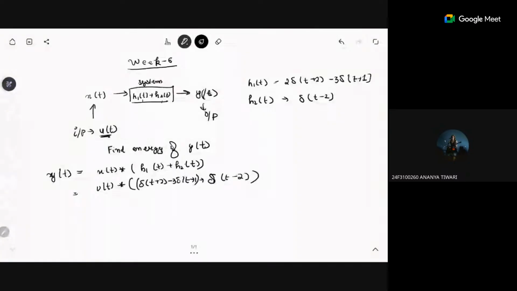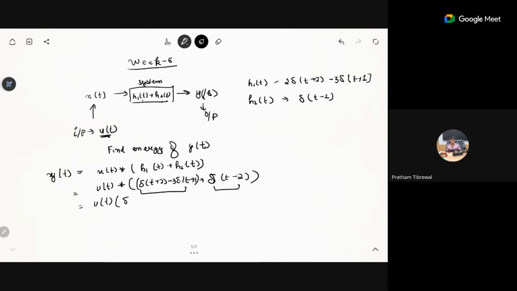First, we can multiply this u(t) inside the whole thing, applying the distributive property. So u(t) will be separately multiplied with each term.